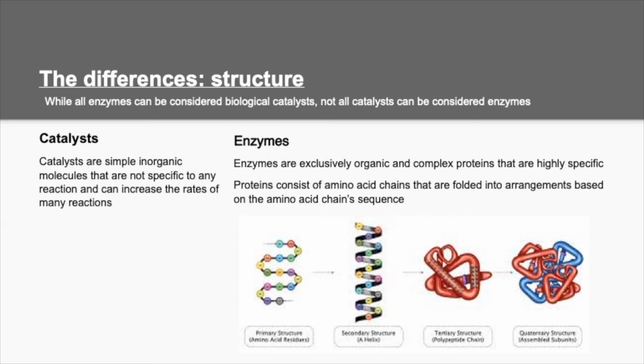Proteins consist of amino acid chains that are folded into arrangements based on the amino acid chain sequence, which is also known as its primary structure. This primary structure essentially gives the direction to the enzyme or a protein for how it's going to be folded, or for its overall 3D structure, which gives the shape of the active site.